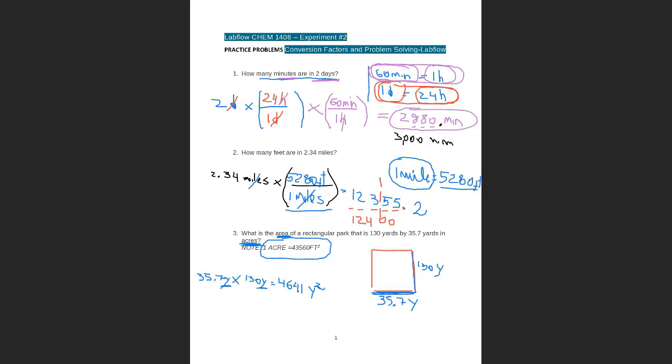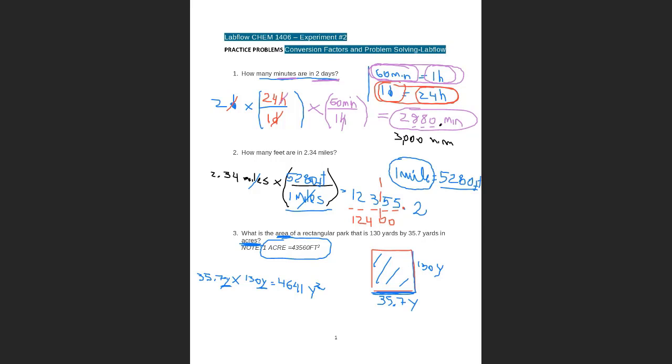I will round this at the end, but for now, I have the area in square yards, but that's not what they want. They want it in acres. Yes, I don't know if I'm pronouncing it right, but that's what they want.